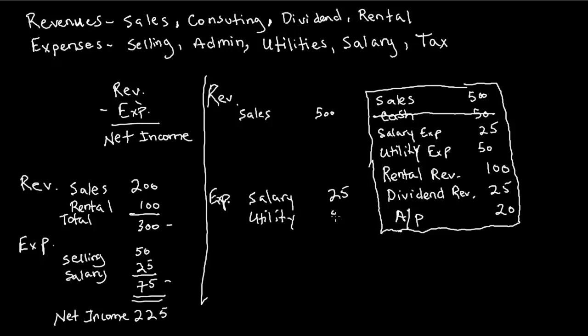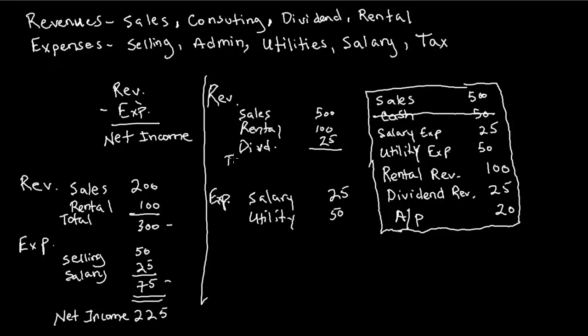And that is 50. We also have rental revenue, which is 100. And we have dividend revenue, which is 25.